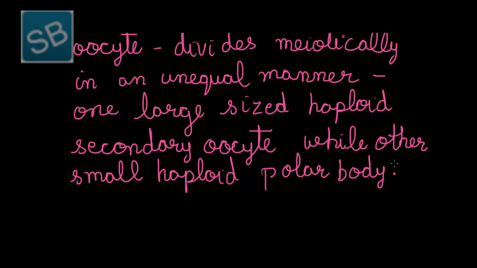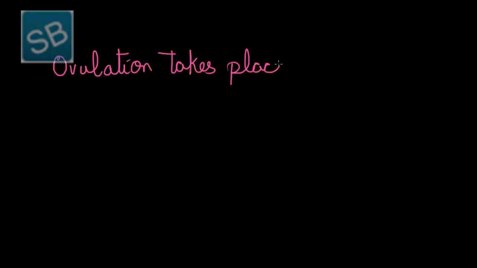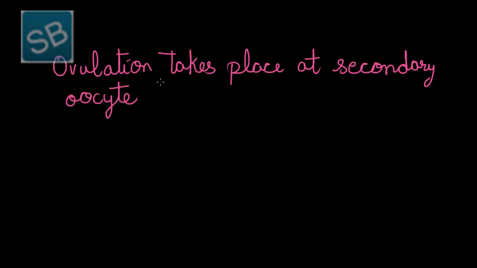Further, it is the secondary oocyte that undergoes further division. Thus, ovulation takes place only at the secondary oocyte stage, which enters into the oviduct.